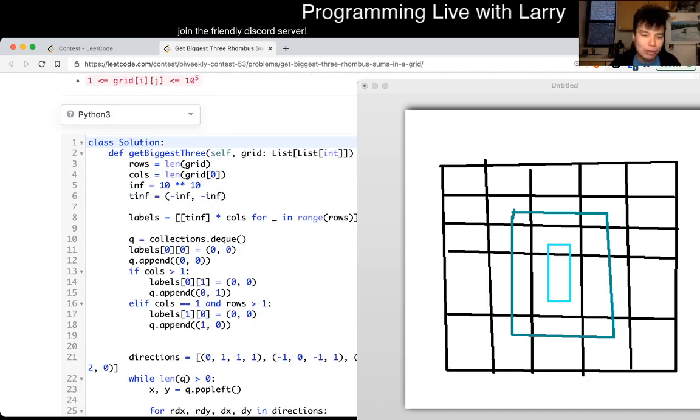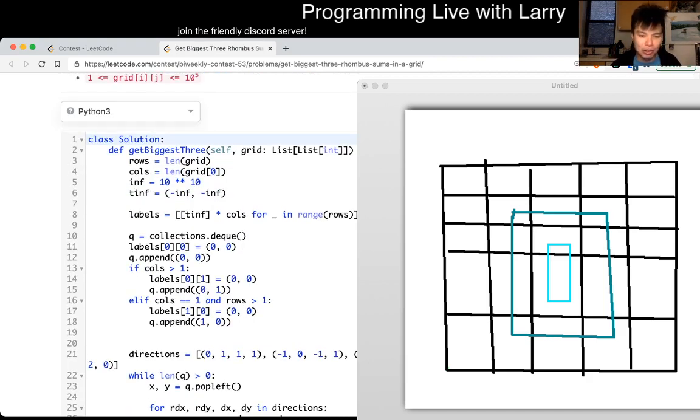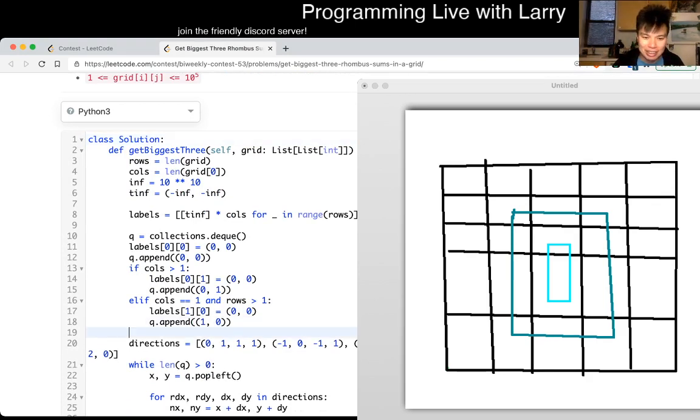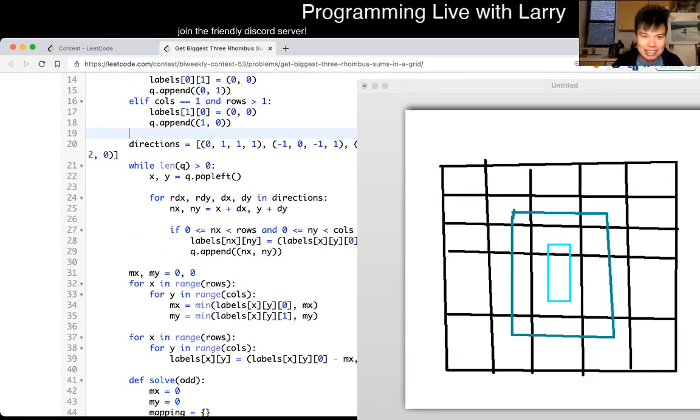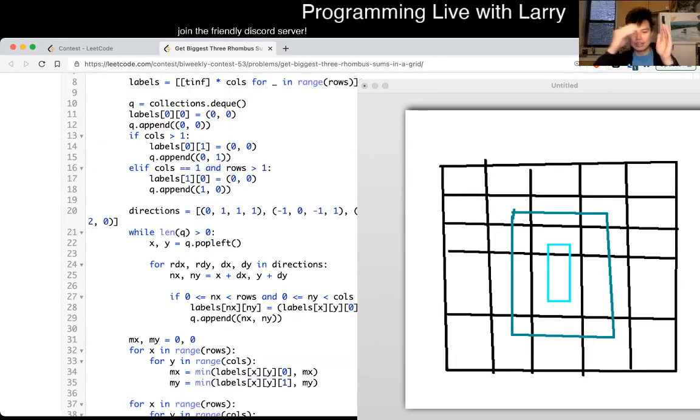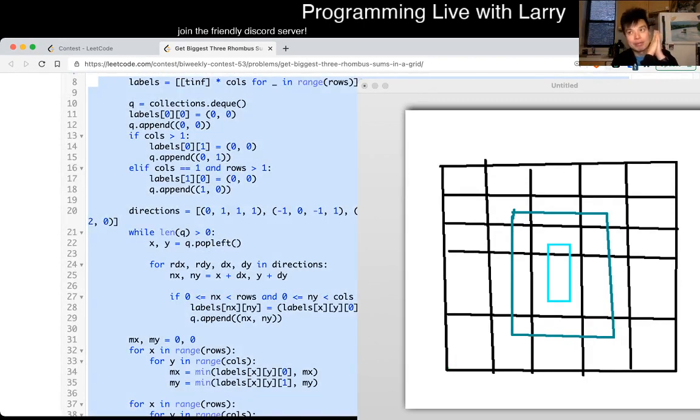I didn't know how to label the array during that rotation, so I ended up doing it with breadth first search. I have all this code just creating the labels to get the mapping from XY back to this rotated grid.